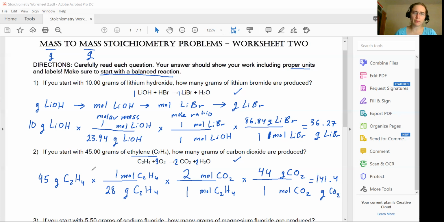If we compare this calculation to the previous one, you can see that it actually has the exact same steps. So here's the step where we converted to moles. Here's the step where you use the mole ratio.